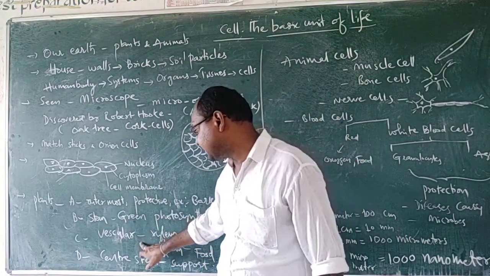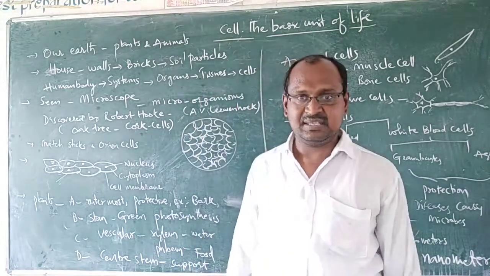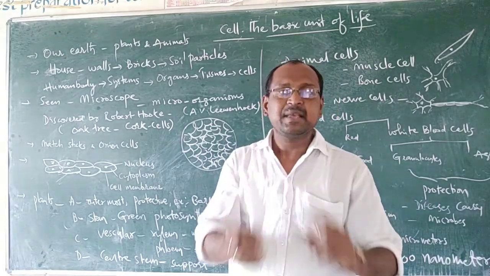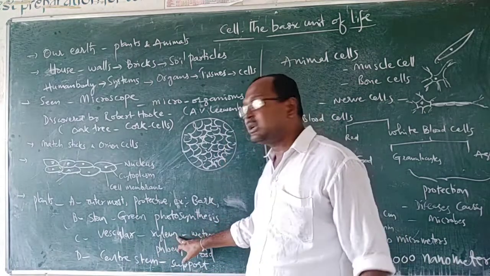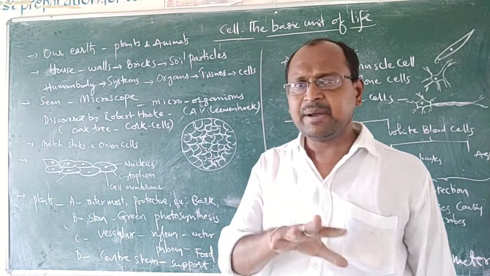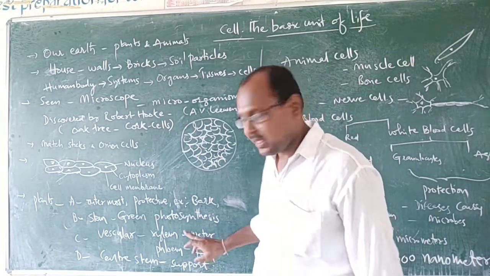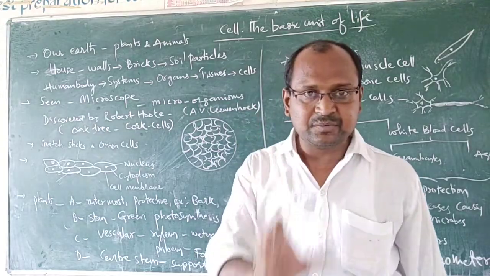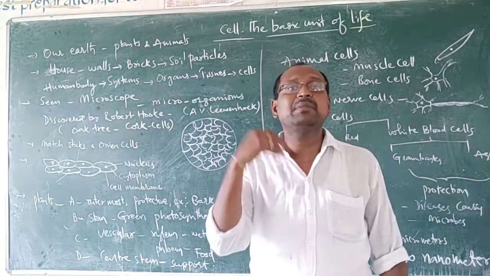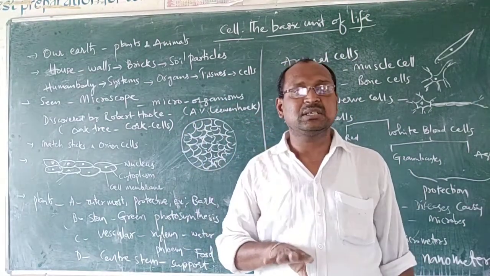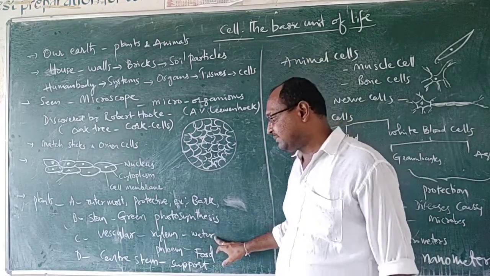Type C cells are vascular cells. These are like blood vessels in our body. We can observe two types: xylem and phloem cells. Xylem transports the water, and phloem transports the food, because these cells help the plant get food and water.